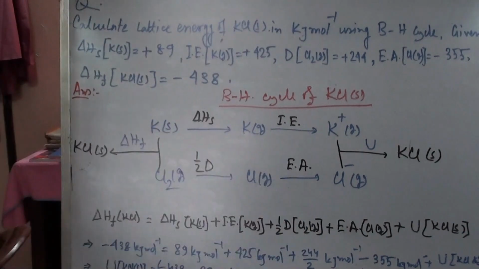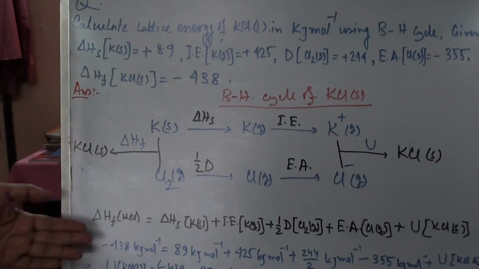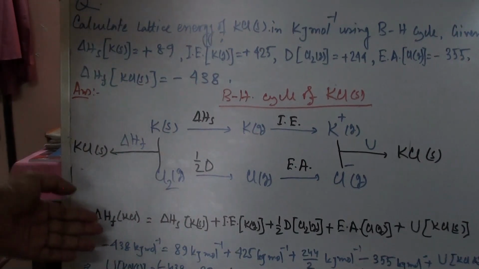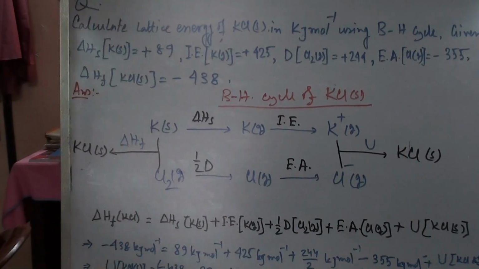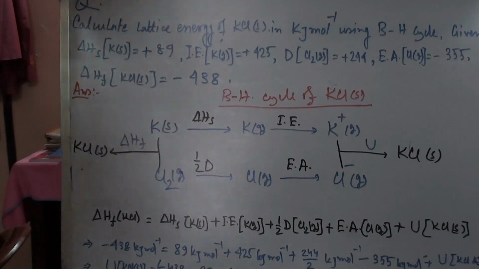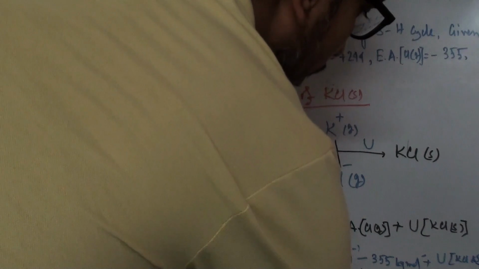Equating this, we can find the lattice energy of KCl. It is nothing but minus 719 kJ mole inverse.